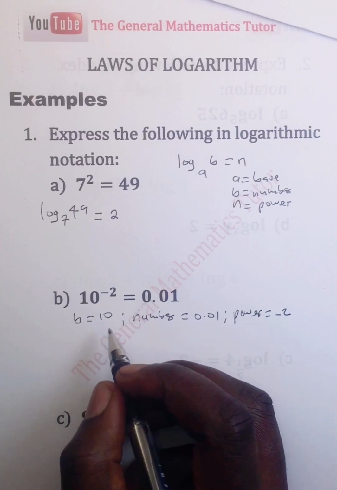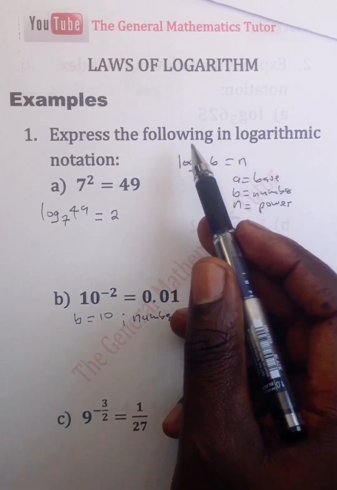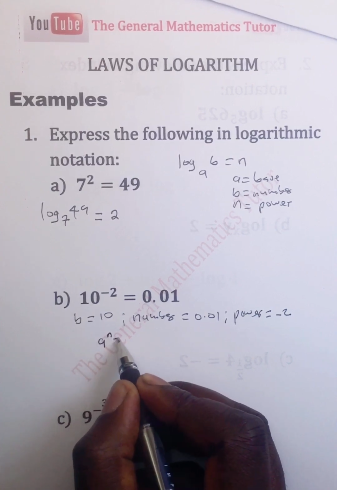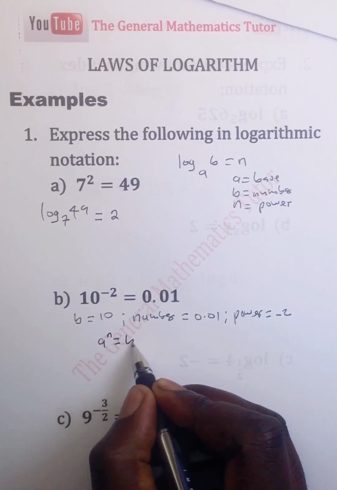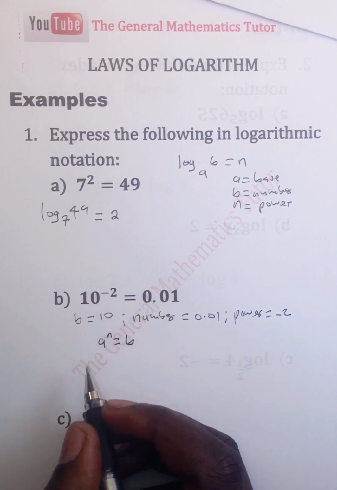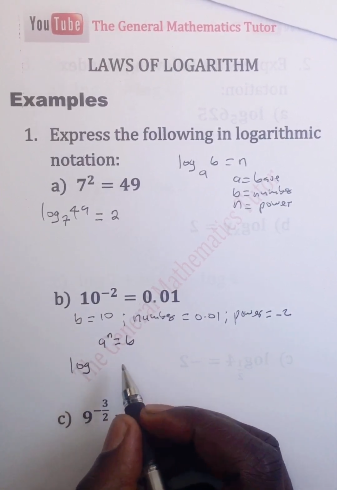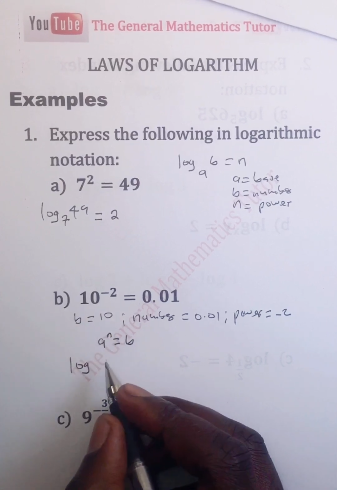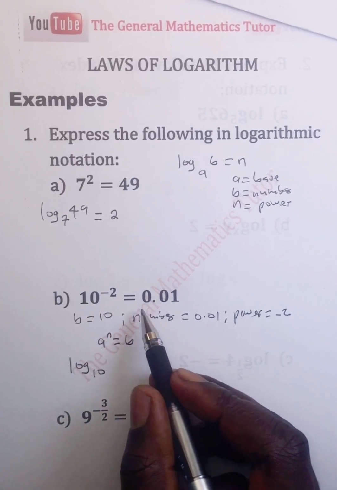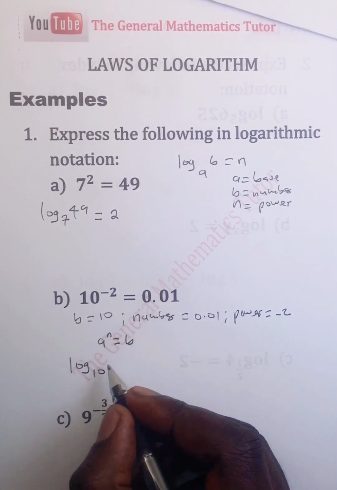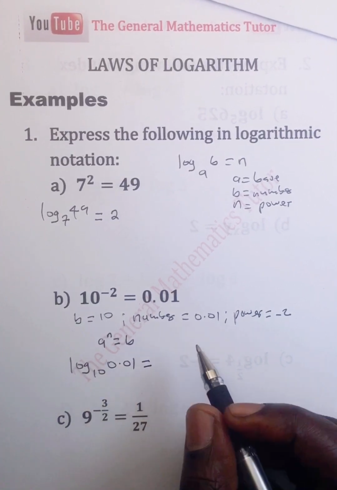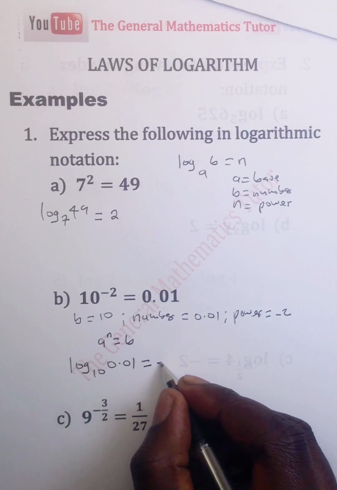So just going to have it in the form a raised to the power n is equal to b. That is what we have here. So it means in log notation we're going to have log to base a, in our case a is 10, of the number, in our case the number is 0.01, that should be equal to n, which is the power, negative 2.